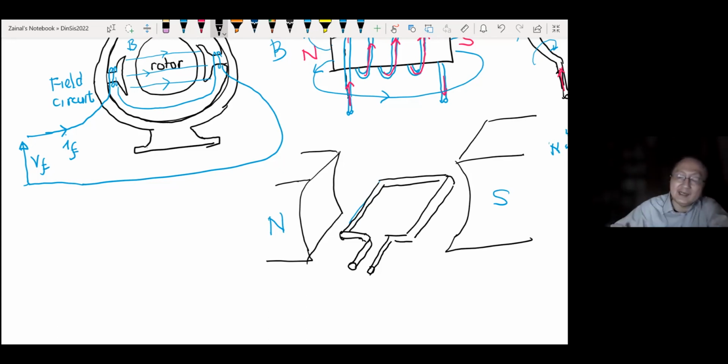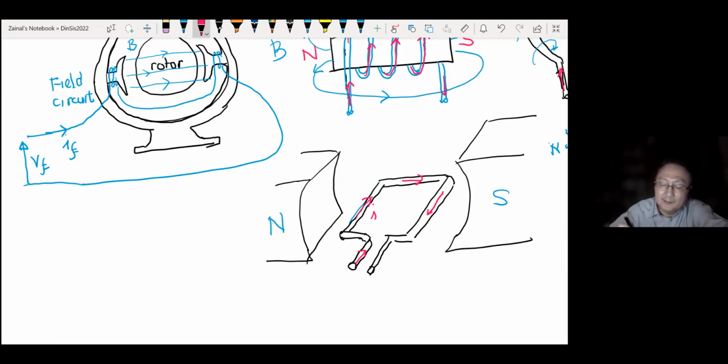Okay, and we inject current from here. Inject current, it moves there, move there, move there. This one is current.